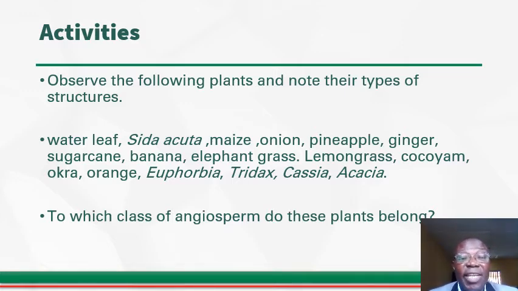Because of the scientific name, you may not know it. Tridax is common. We call it Tridax procumbens, which I'm sure you are familiar with from your secondary school days. Then cassia and acacia. So please make sure you classify them into which classes of angiosperm.